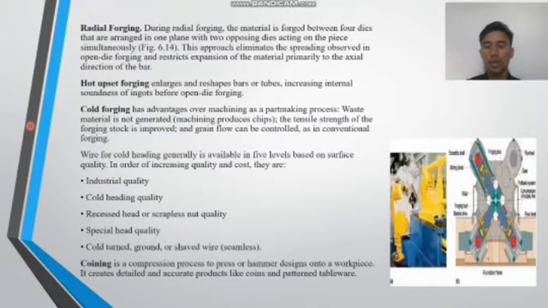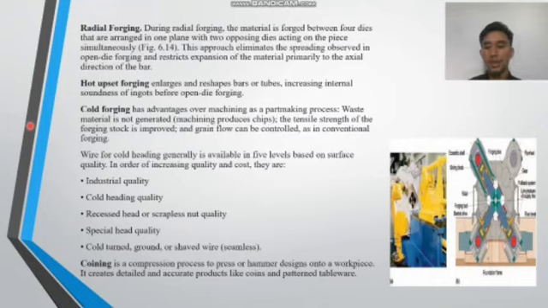Cold forging has advantages over machining as a part-making process. Waste material is not generated. Machining produces shapes. The tensile strength of the forging stock is improved, and grain flow can be controlled as in conventional forging.